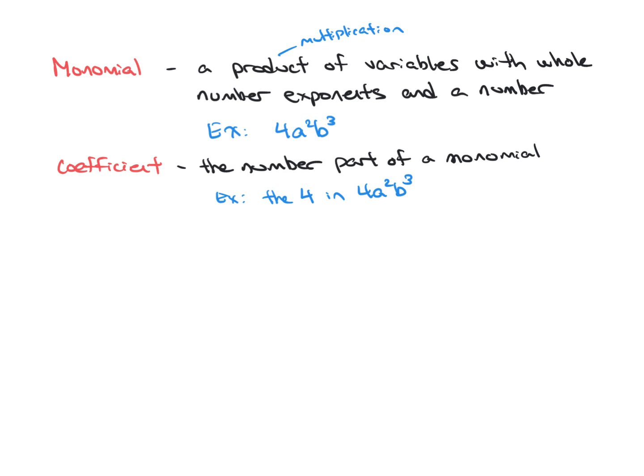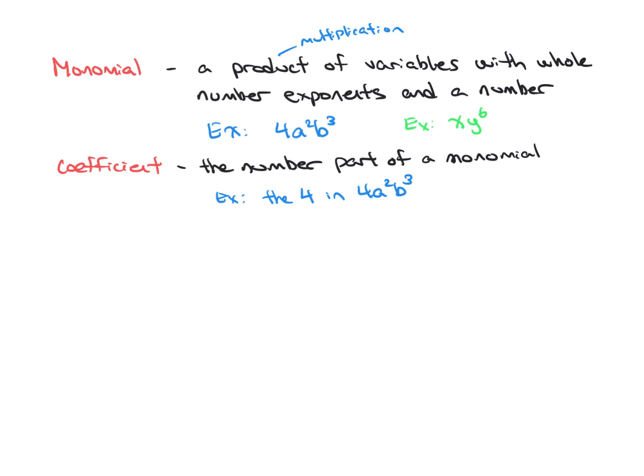Okay, we'll do another example of a monomial. Let's say x y to the 6. Okay, so there's another example of a monomial. It's a product of variables. All the exponents are whole numbers, so the exponent on x is 1, and the exponent on y is 6. And it's also multiplied by a number. Now, you don't see a number in front.